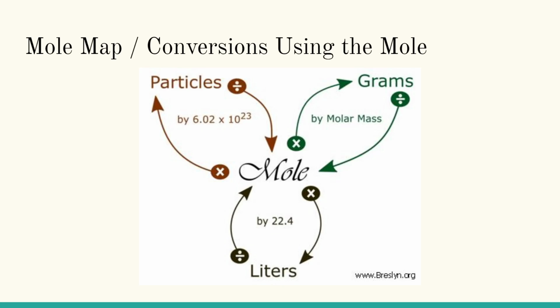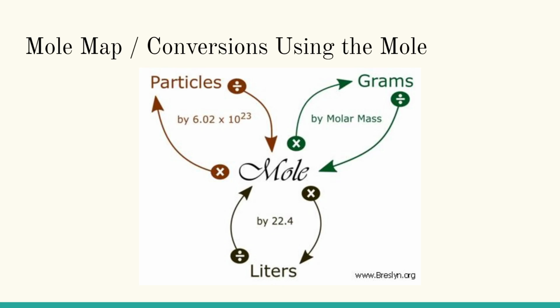So if we had 1 mole of a gas, we can multiply that by 22.4 to determine that that 1 mole of gas will take up 22.4 liters. Likewise, we can also take how many liters of gas we have and divide it by 22.4 to determine the number of moles of a gas that we would have.